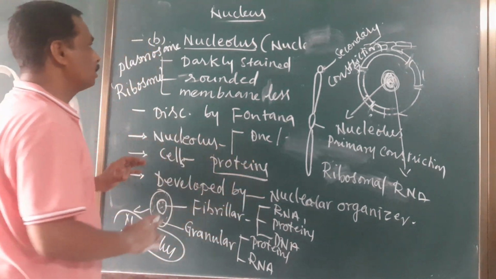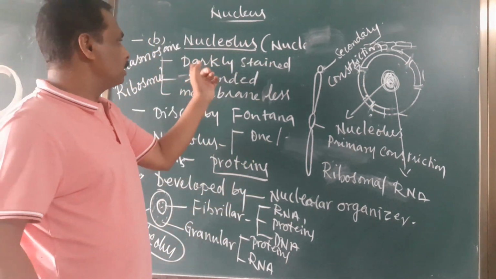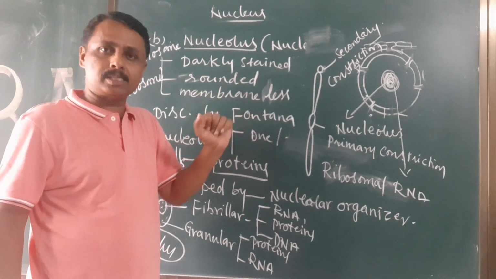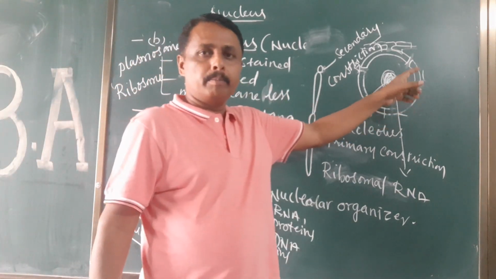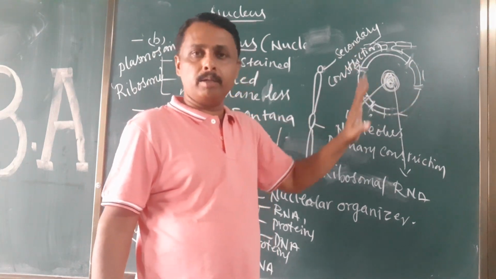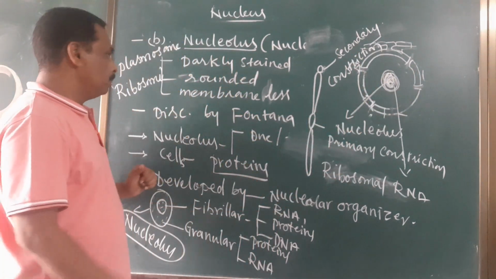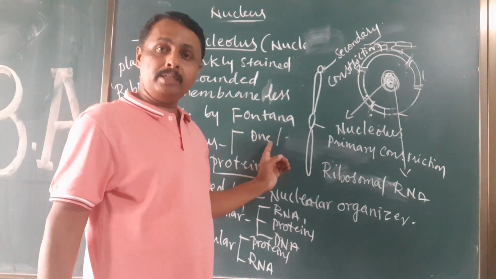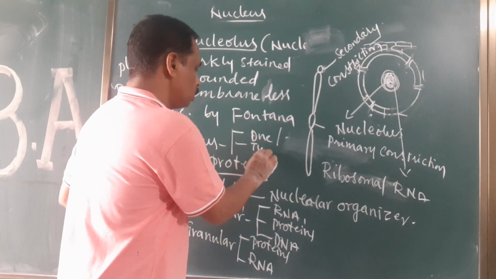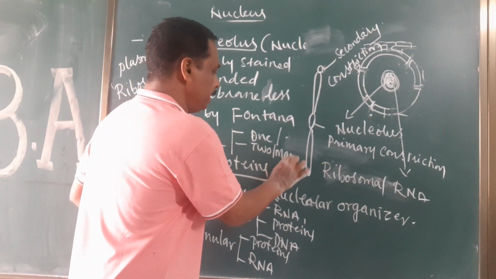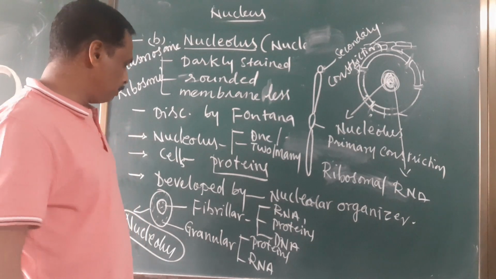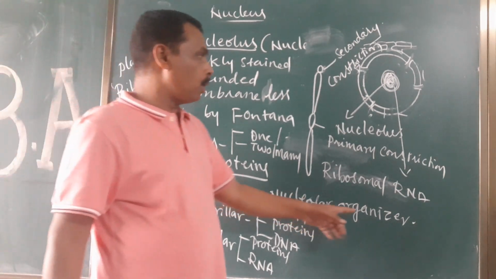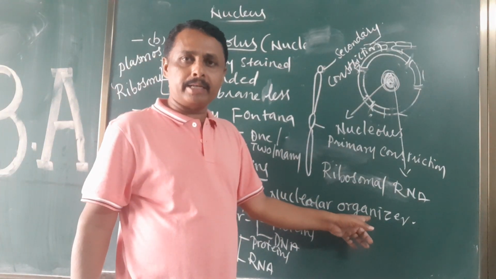To summarize, the nucleolus is a darkly stained, rounded, membraneless structure present in the nucleoplasm of the nucleus. It was discovered by Fontana. The number of nucleoli is 1, 2 or many. It is developed by the nuclear organizer.